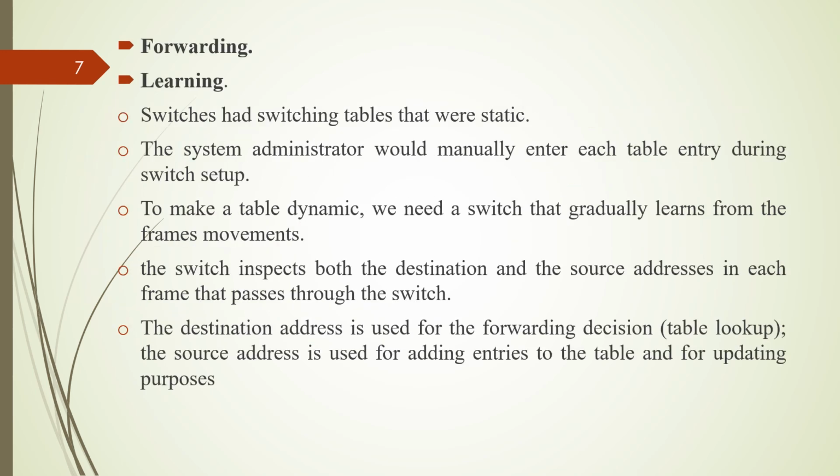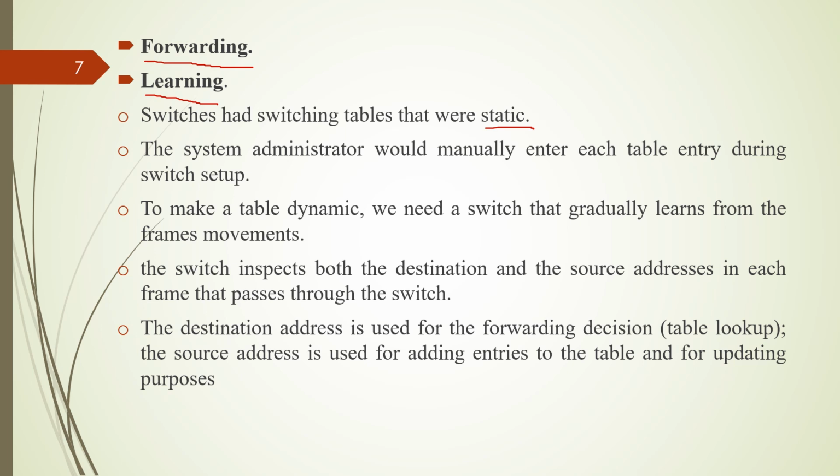The three criteria of using transparent switches are: first, a transparent switch must forward the frames correctly from the source address to the destination address. The second is learning from frame movements. Earlier, updating of the switching table was done manually, or it was static. The system administrator had to manually update the switching tables.